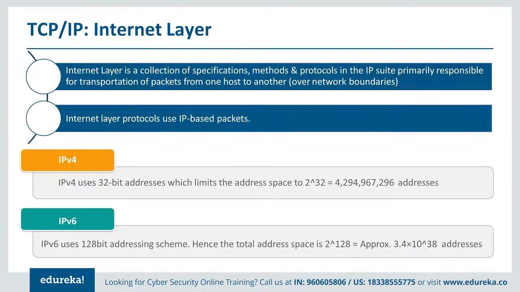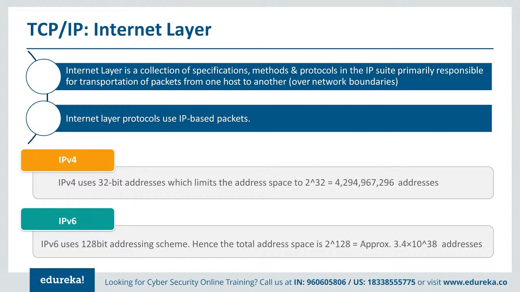Difference between IPv4 and IPv6, we have already seen that. IPv4 is a 32-bit address, whereas IPv6 uses a 128-bit addressing scheme. The number of addresses available on IPv4 is almost 4,294,967,296, almost 420 crores.